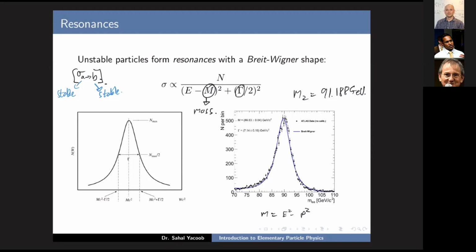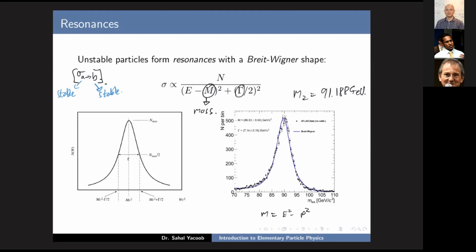Okay. And on the same slide, the formula, is this expression empirical or theoretical? Theoretical. So you can get this, any standard particle physics or relativistic quantum mechanics textbook will take you through this and give you this line shape.